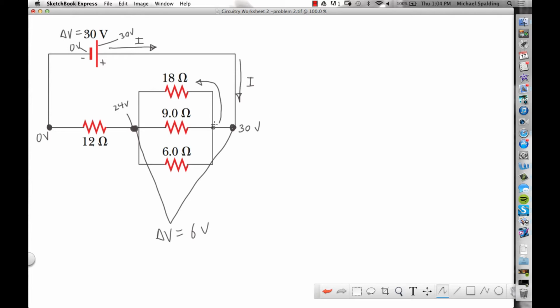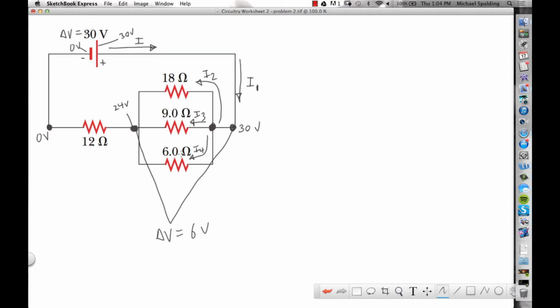Because what happens right here is the current splits, right? This original current, let's call this I1. Now what happens to I1 right there? It branches. So we'll call this I2, and this one right here would be I3, and the one that goes down here is I4.